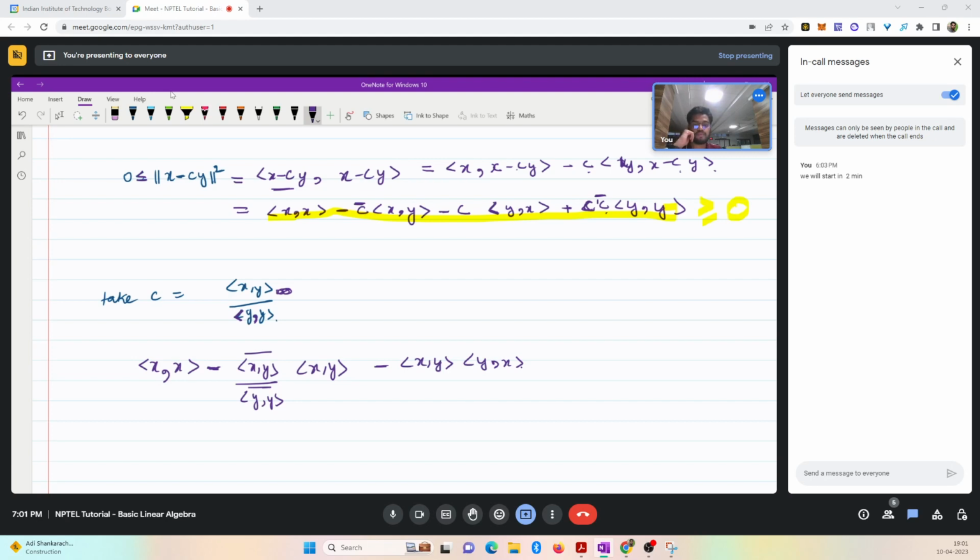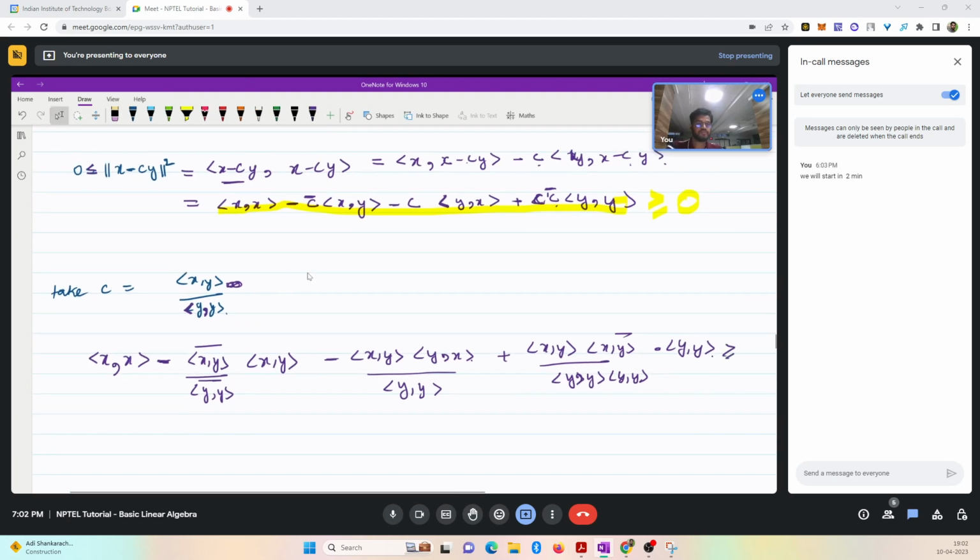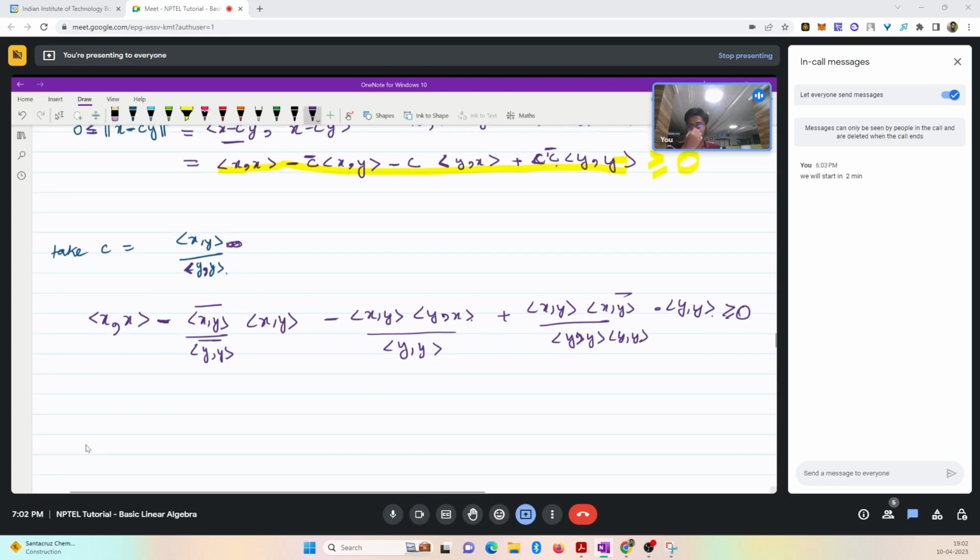Divided by <y, y>, and this is plus <x, y> into <x, y> conjugate divided by <y, y> into <y, y>, and again a <y, y>, right? And this thing we know is greater than or equal to 0. Let's see what we can make out of it.